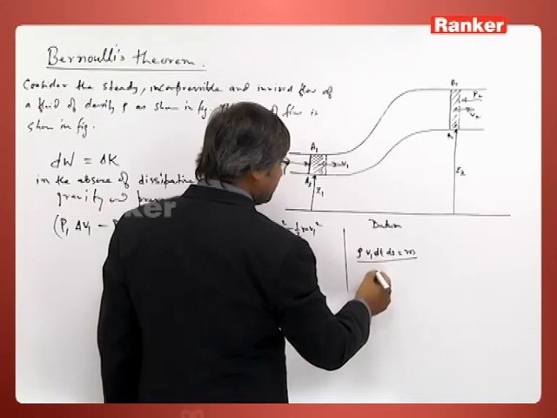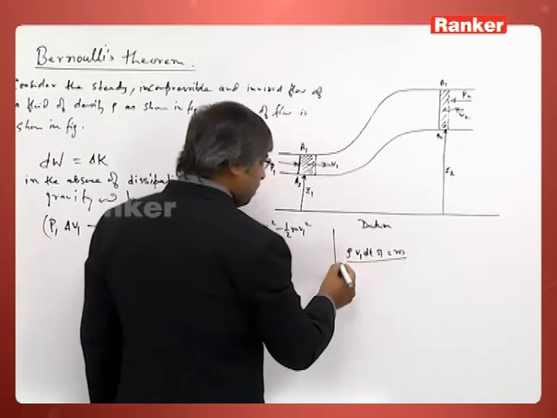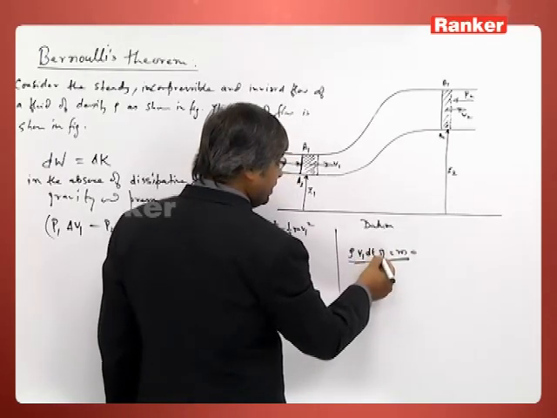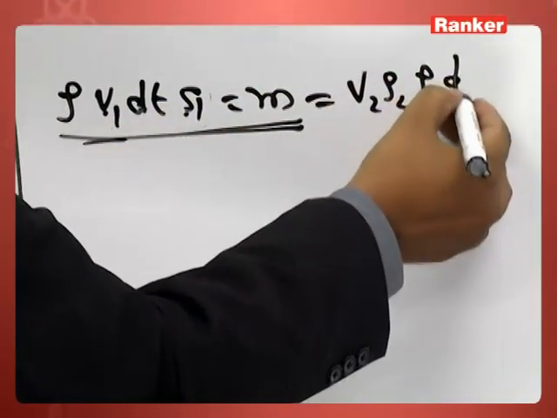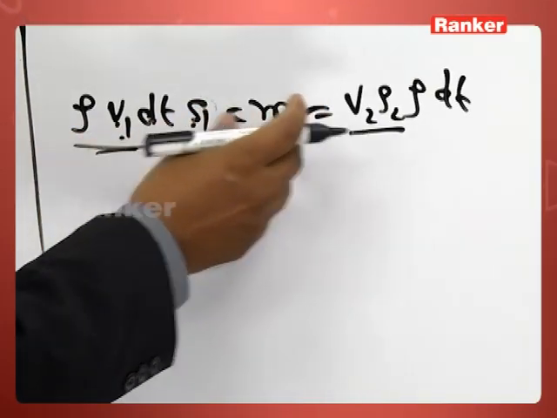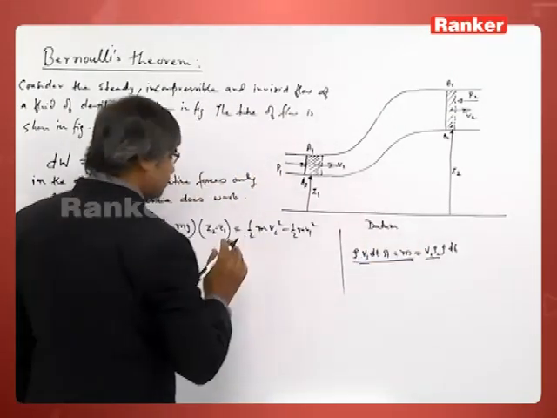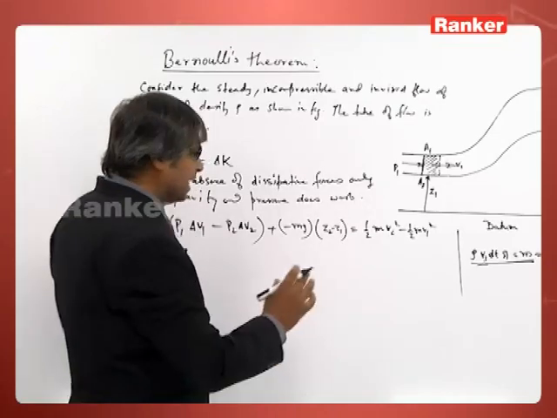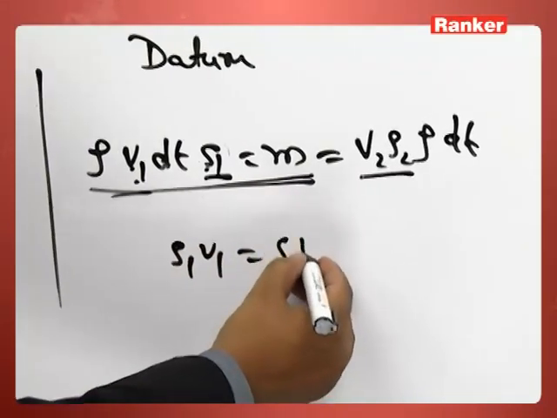Now the area I have assumed to be S1. This can also be written using the continuity equation, S1 V1 is equal to S2 V2.